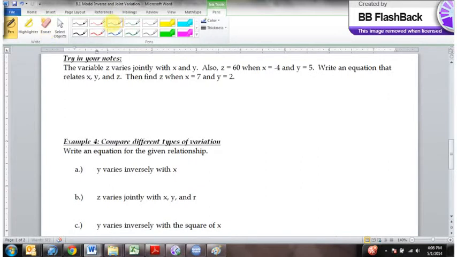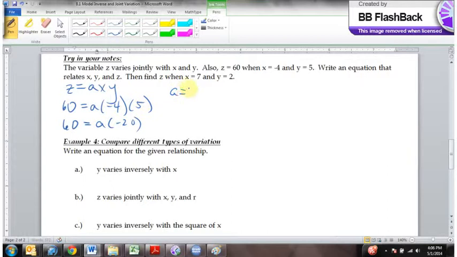Jointly. So they're going to tell us what to plug in. So we plug in what a is. So a is going to be negative 3.